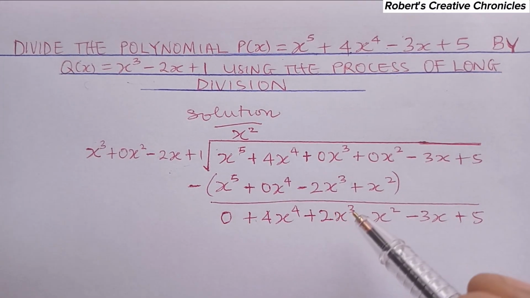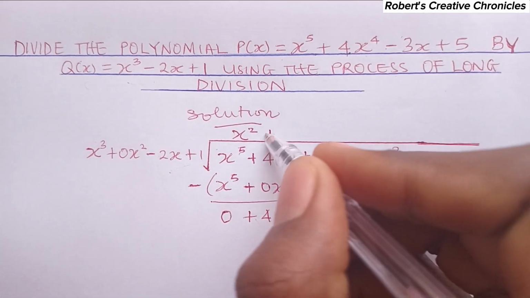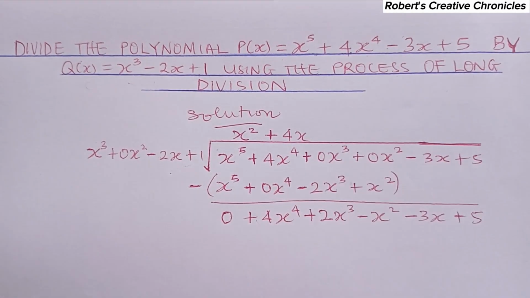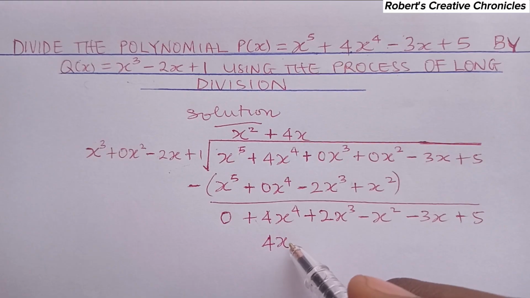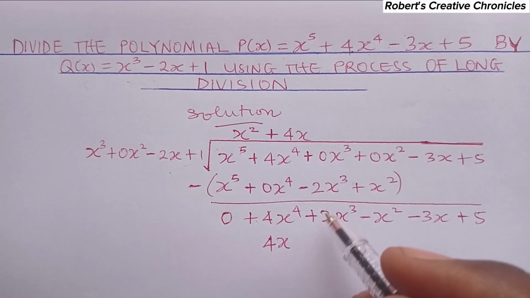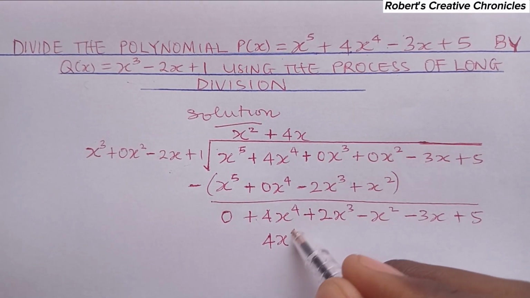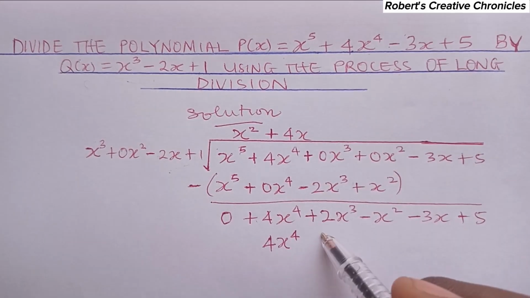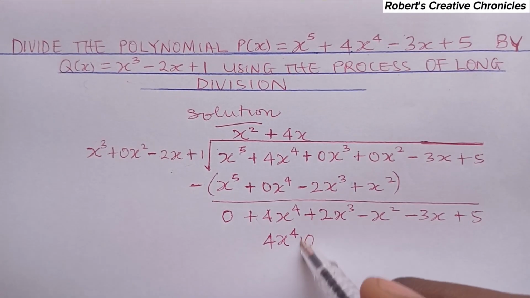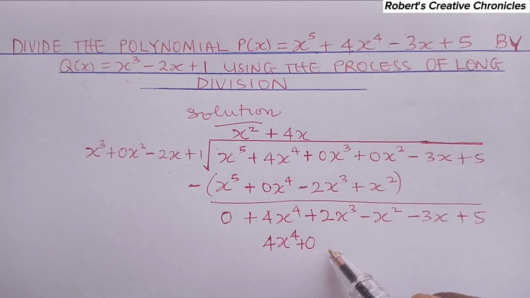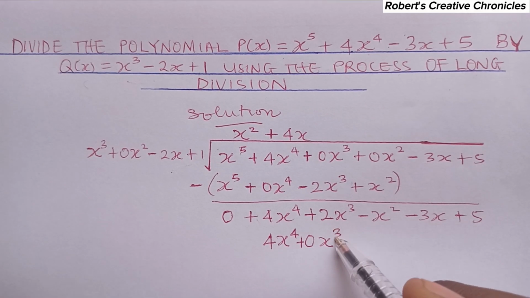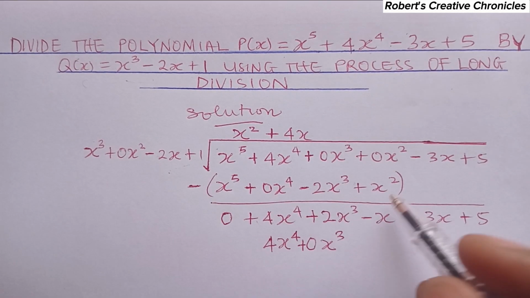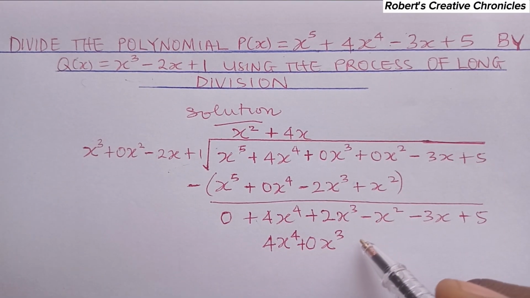Now this divided by this is 4x. So it's plus 4x here. Now 4x multiplied by this: 4x times this is 4x to the power of 4. Then 4x times this is plus 0x cubed. Then 4x times this is negative 8x squared.